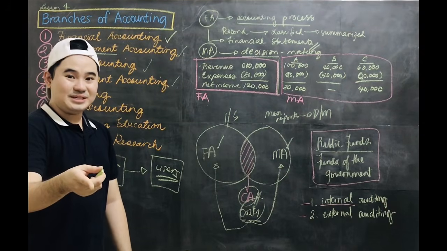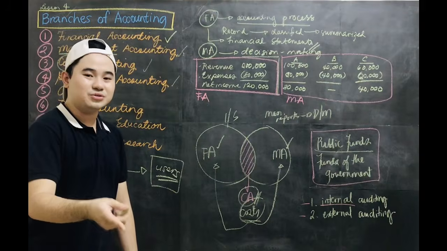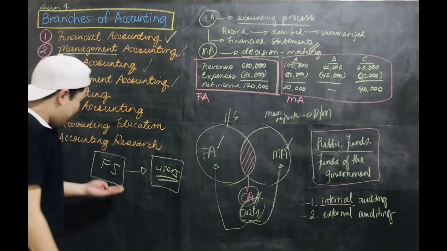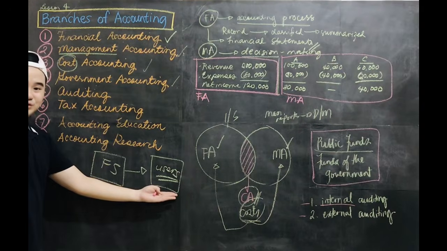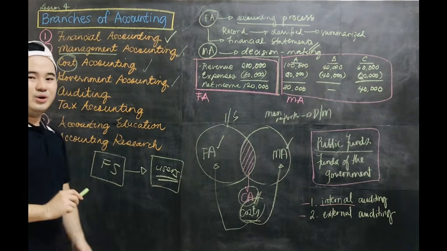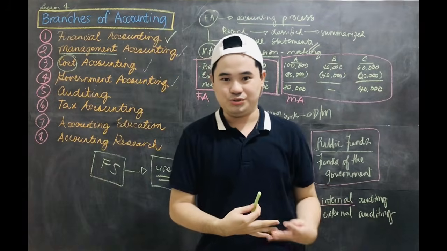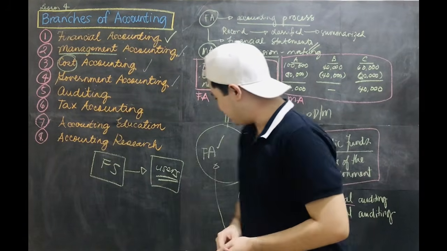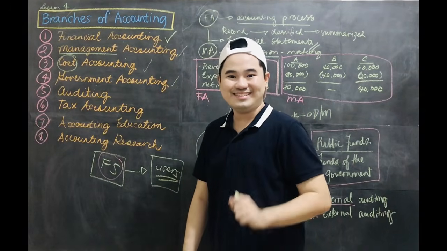Our next lesson is actually about the users of financial statements. These financial reports or financial statements will have users. However, what we want to assure these users of financial statements is that these financial statements are correct.